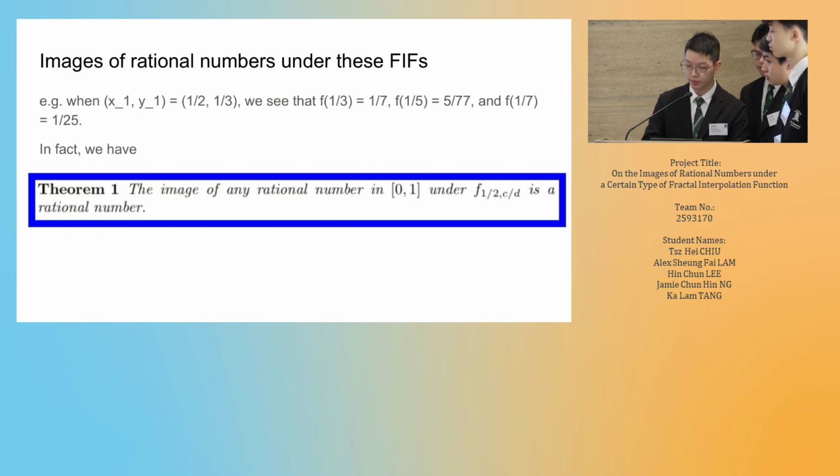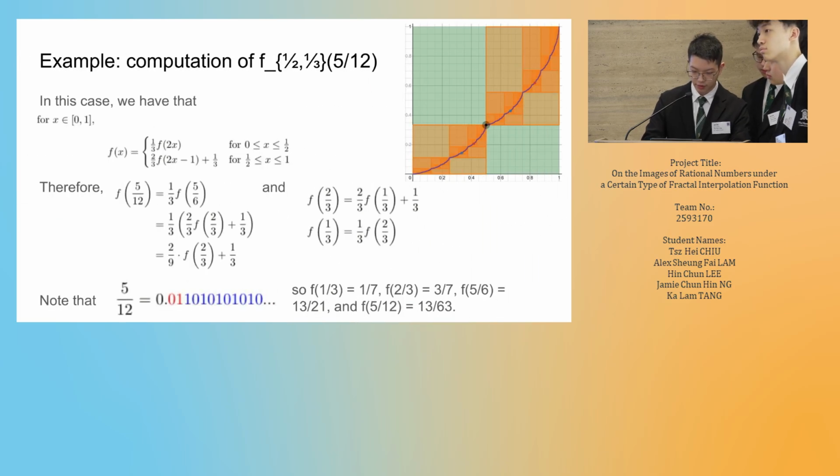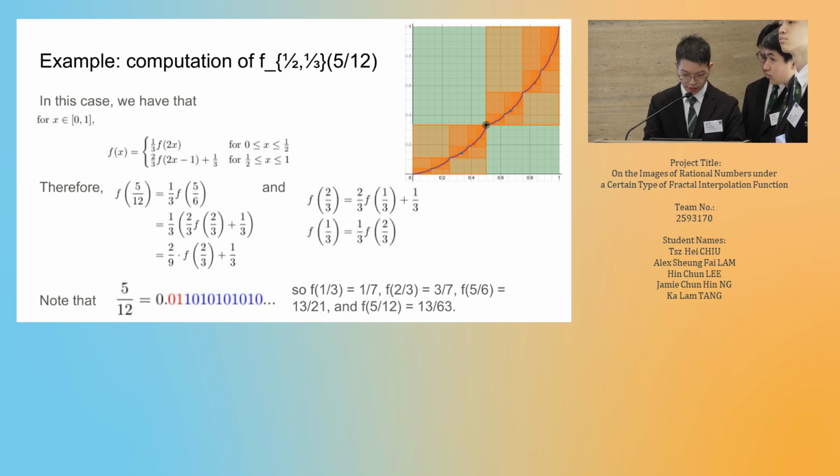To explain how the proof of that theorem works, I'm going to show you the computation of f of 5/12. You can compute this by substituting 5/12 into this functional equation, the functional equation condition that we stated when we introduced the FIFs.